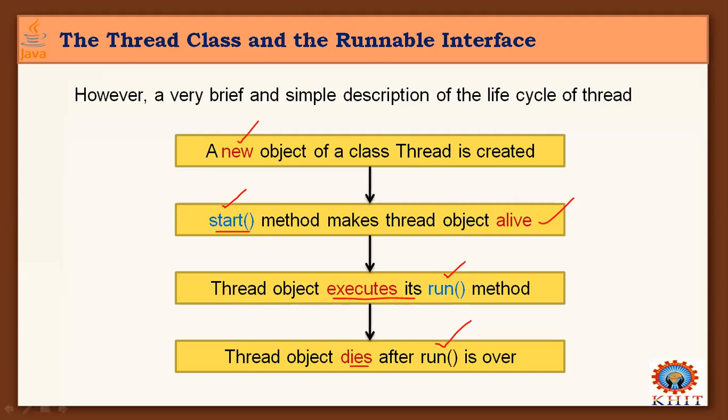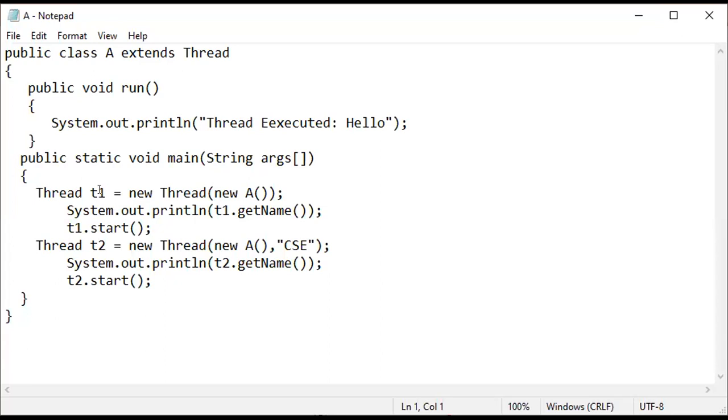Okay, and we'll go for one simple example. As it is here, first you need to create one class A that extends Thread. Inside the main method, I have created a thread using the Thread class T1, but I'm making this thread for an object of class A, using the constructor of A inside the Thread class.